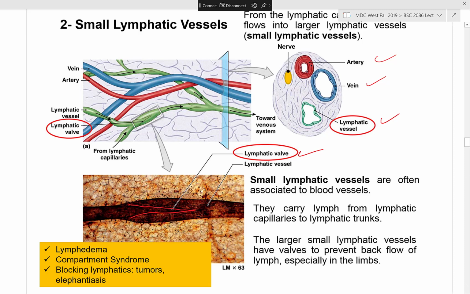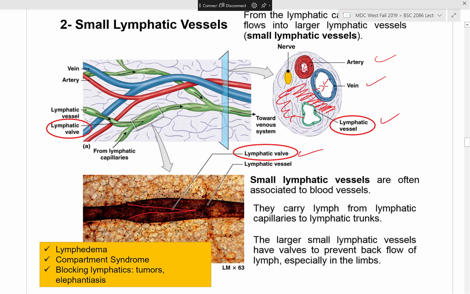Think about it. When you have too much fluid deposited in your tissues, what do you think is going to happen to all these structures as the fluid starts to deposit? Hopefully the lymphatic vessels work, collect it back, and nothing will be deposited. But if the lymphatic vessels don't work, everything is going to get what?